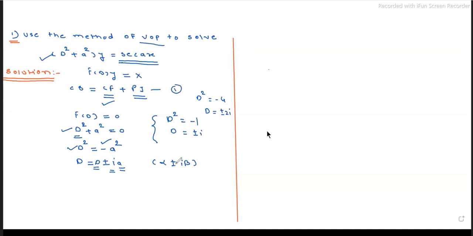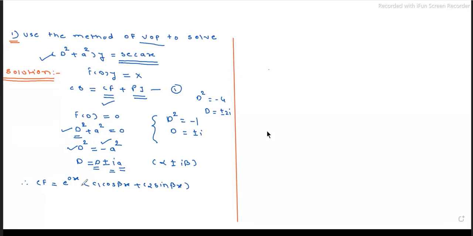Real part is 0, and the complementary function will take the form e to the power alpha x, c1 cos beta x plus c2 sin beta x. So it is e to the power 0x, c1 cos beta x plus c2 sin beta x.